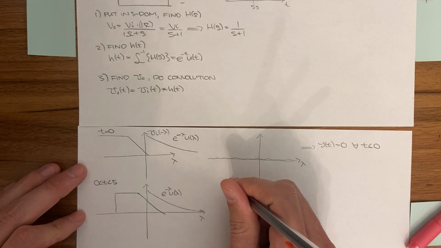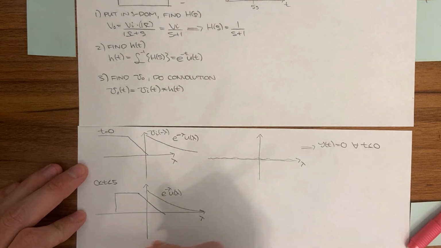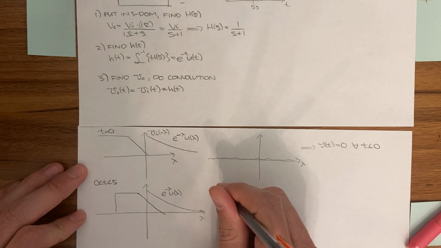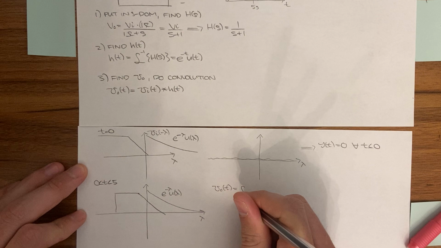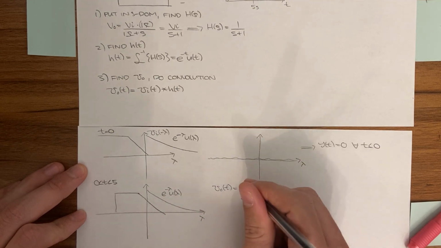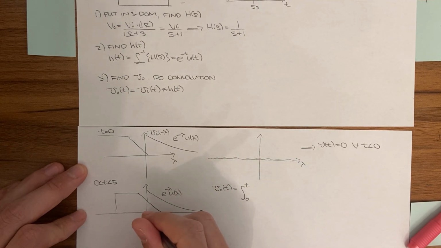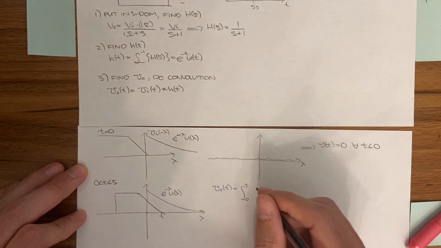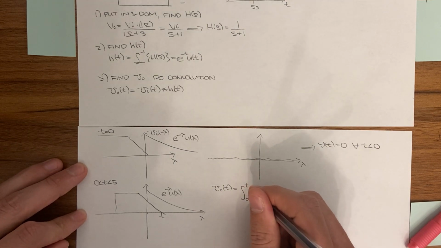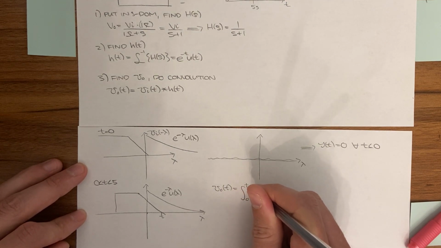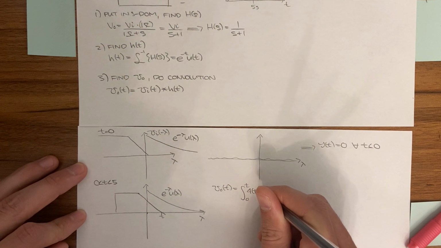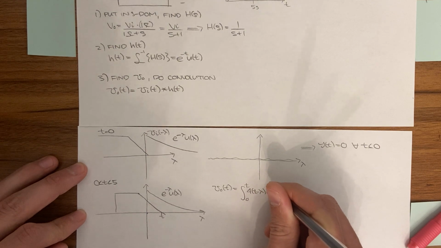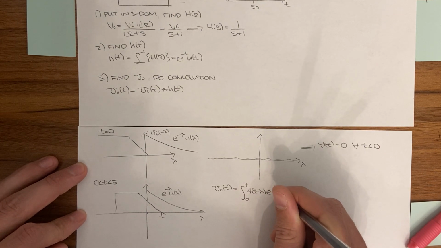So you can say then that what this would look like in an integral form, you'd end up with v naught of t, and we're going to be integrating here from 0 to t. So we're integrating from here to how much this has been shifted over, which happens to be t. And then this is going to be 4 times (t minus lambda) e to the minus lambda d lambda.